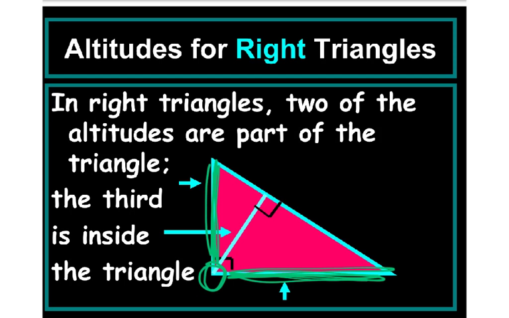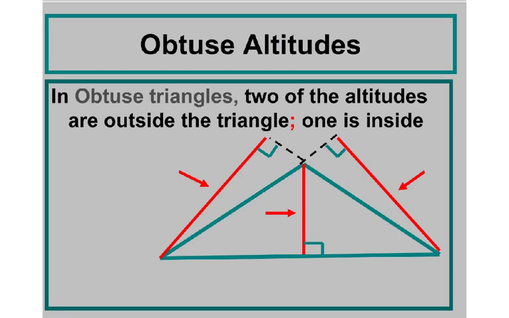And the only one that actually has what we would consider a true altitude, where you can see it, is this one, but they all three meet in that corner. So the altitude of right triangles actually lays on the edge of the triangle, not inside. Obtuse triangles, two of the altitudes are on the outside of the triangle, and then one of them is on the inside.